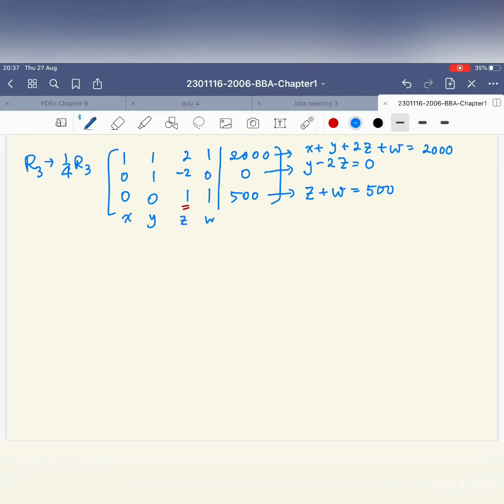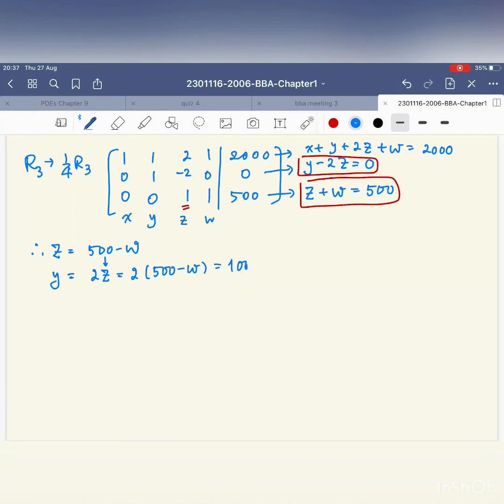Okay, so if we start from this one at the bottom, you may see that your z equals to 500 minus w. Okay, and then from this one, you may see that your y equals to 2z. But your z is 500 minus w, so you plug it in, you have 1000 minus 2w for your y.